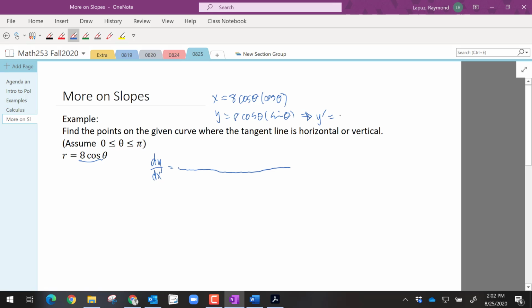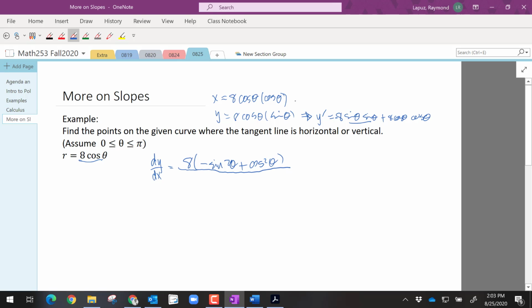So it's going to be 8, the derivative of cosine is negative sine, so negative 8 sine theta times the second, plus the first times the derivative of the second. Okay, so I think we can simplify that. We can factor out an 8, and then we're going to get negative sine squared theta plus cosine squared theta. Unfortunately, that's not equal to 1.